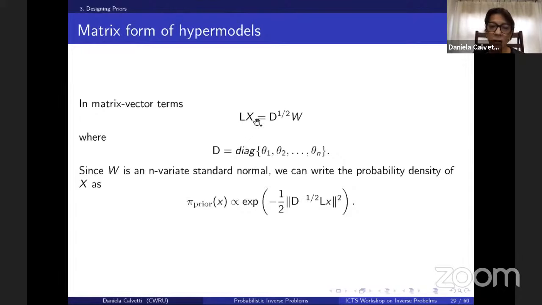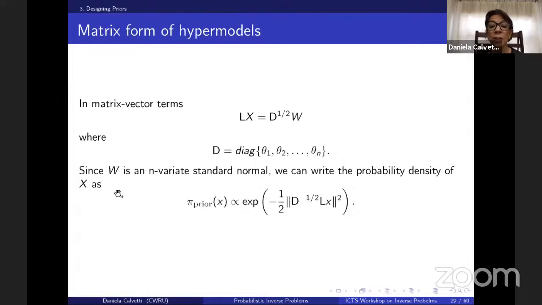X is our vector of unknowns that we're primarily interested in. And this is going to be equal to W, white noise. And now we have D, actually the square root of the matrix D. And the matrix D is a diagonal matrix with entries theta 1, theta 2, theta n. Those are positive entries because we have to take the square root of it, and because they have to play the role of variances here.